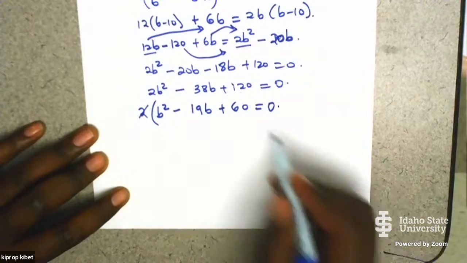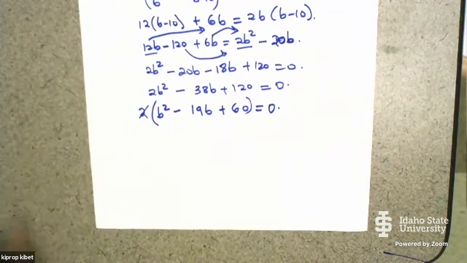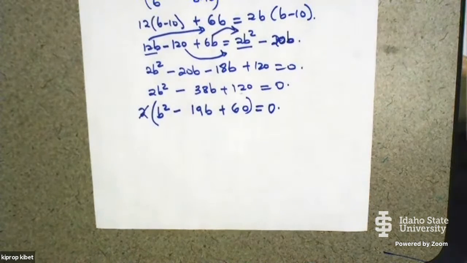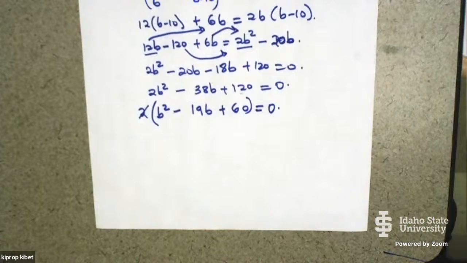We can actually remove the 2 because you can divide by 2 everywhere. Since that one is not a perfect square, we look for 2 numbers whose sum is 19 and product is 60.